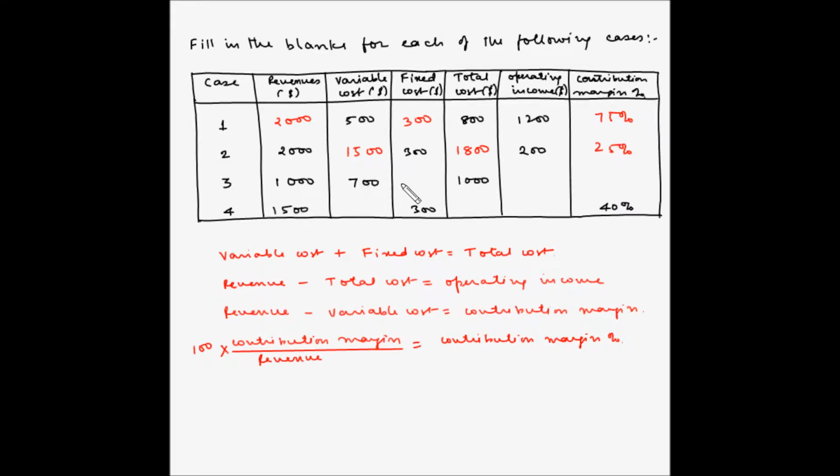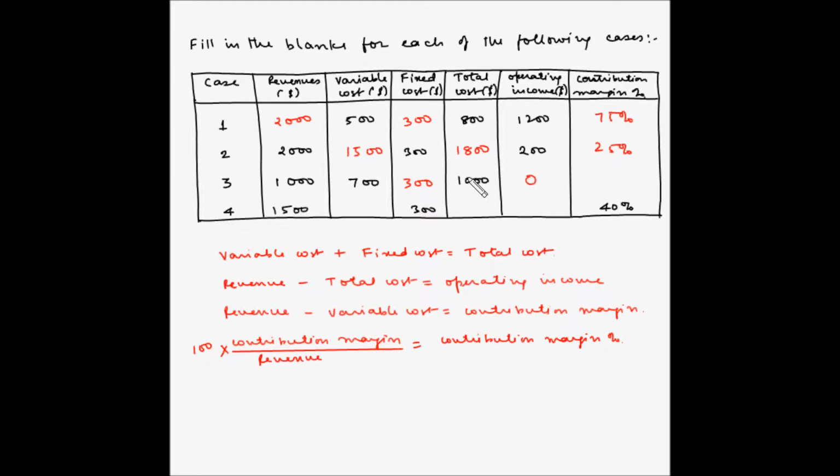Now we know that variable cost plus fixed cost is the total cost. So let's take fixed cost as x. 700 plus x is 1000. So x is 1000 minus 700, which is 300. Now operating income is revenue minus the total cost. Revenue is 1000, total cost is 1000. So the operating income is 0.